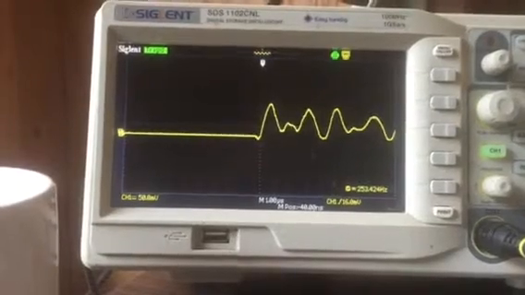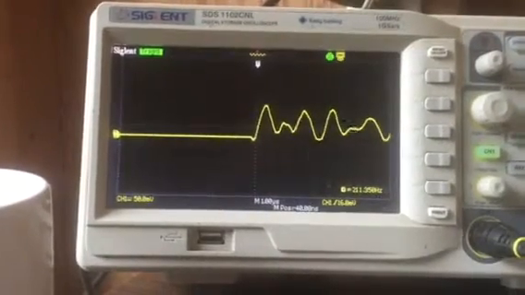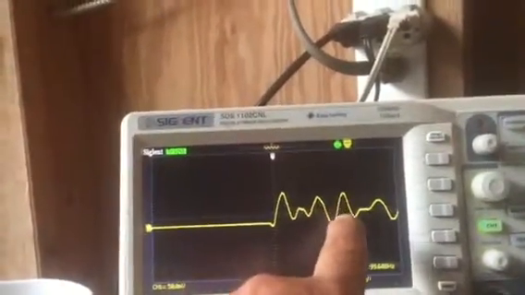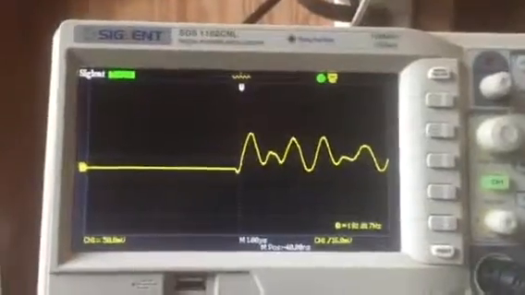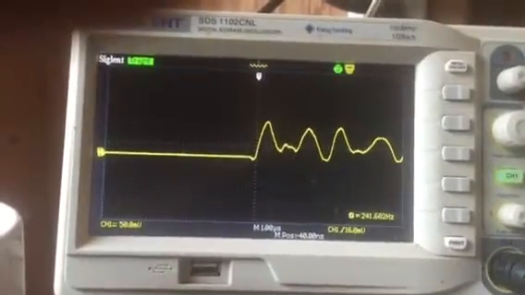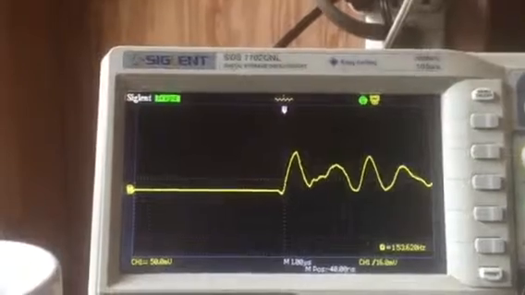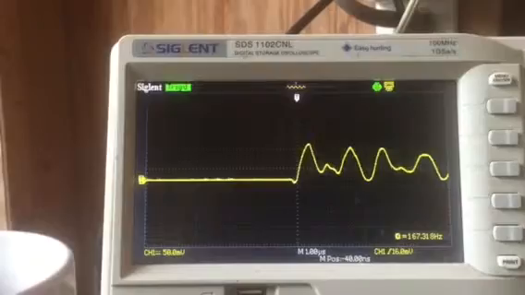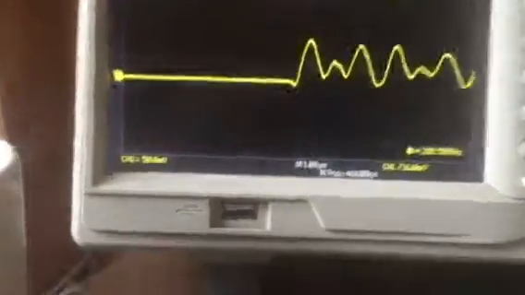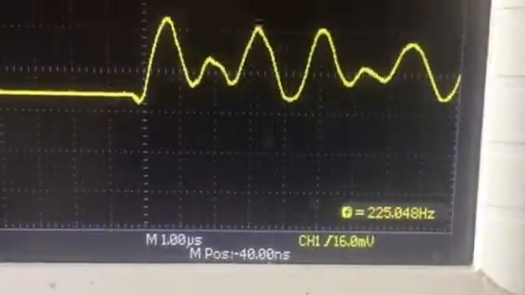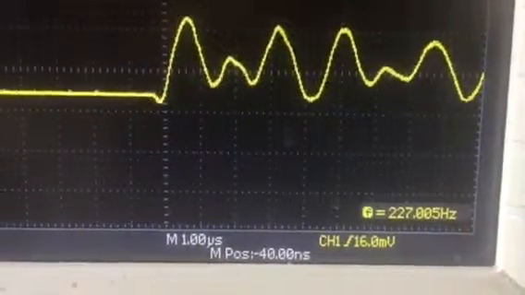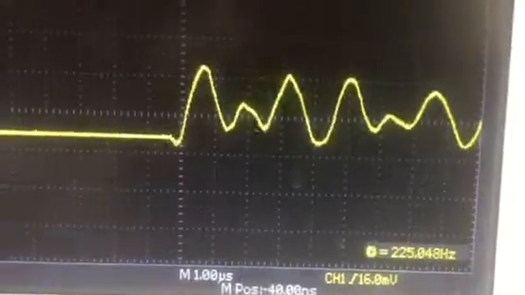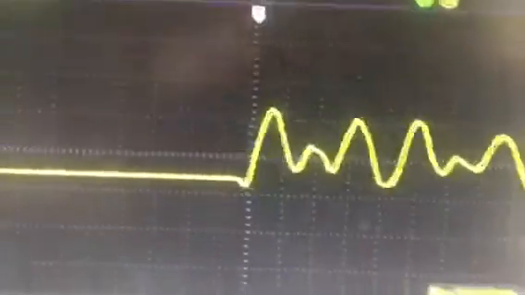I have to say that's in the window. See the crest? That one's a little higher. Let's see if we can switch it just a little bit. Go the other way. Here we go. So we are at 225,000 hertz. There's a difference in the top of those waves.